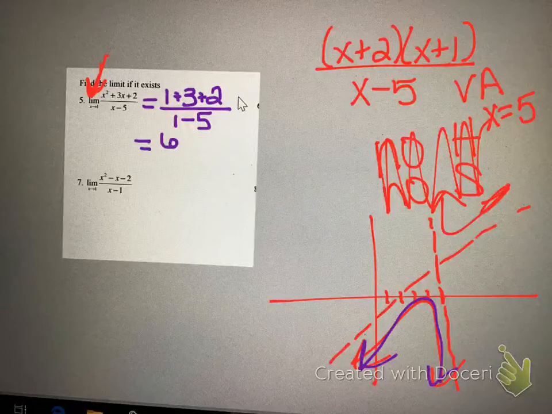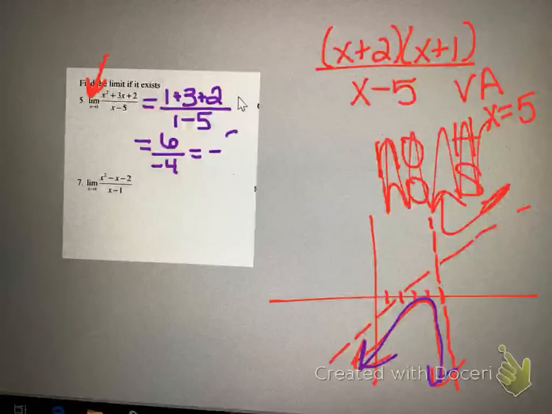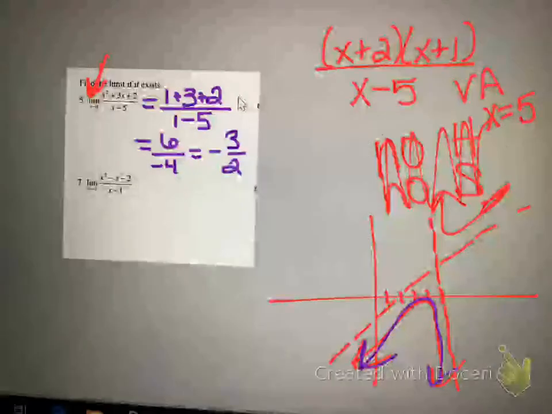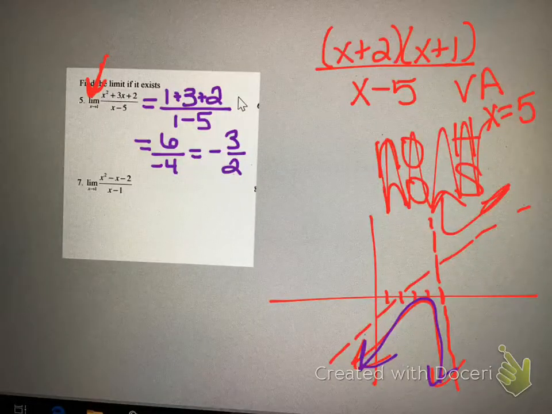You would get a 6 on top and a negative 4 on bottom, and so you would get negative 3/2. You actually just get a nice, neat answer. And so that tells you what your limit actually is.